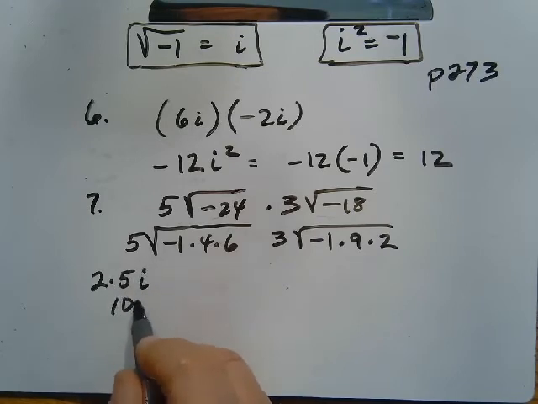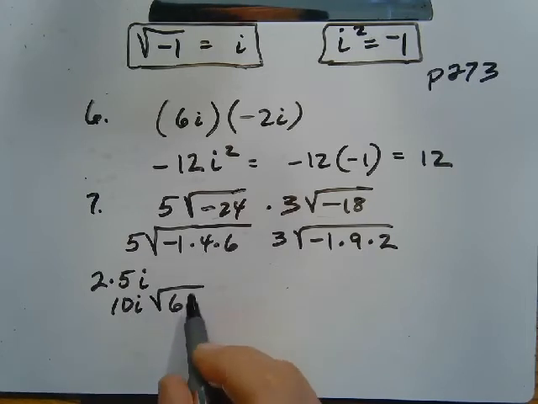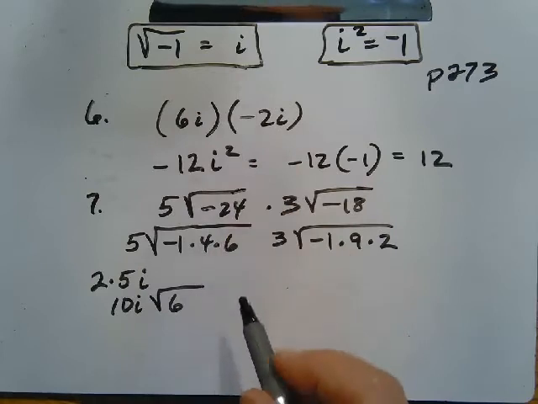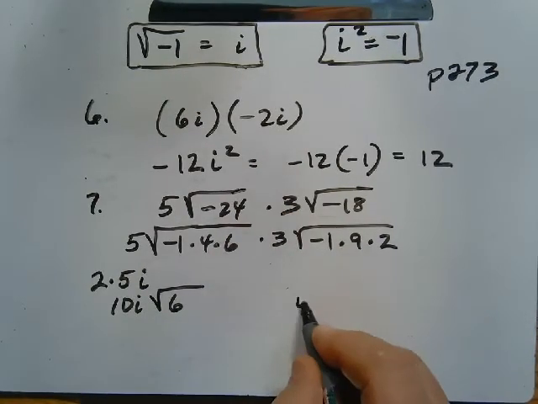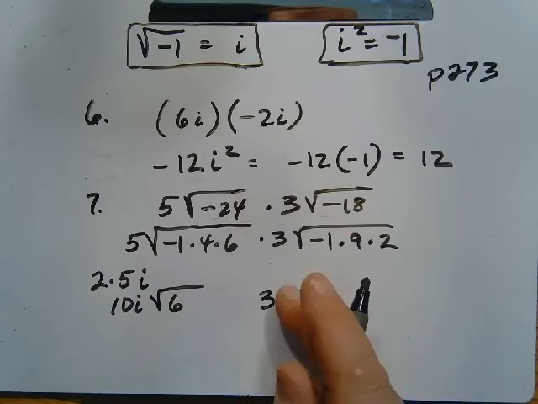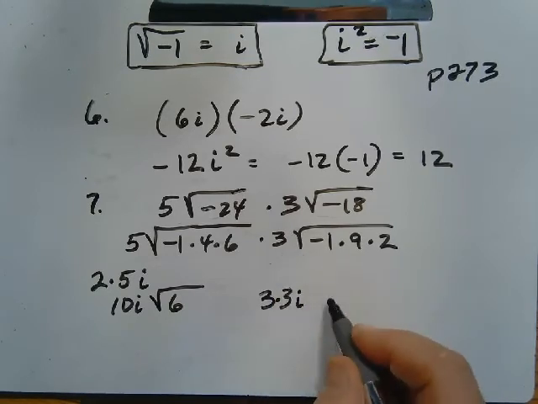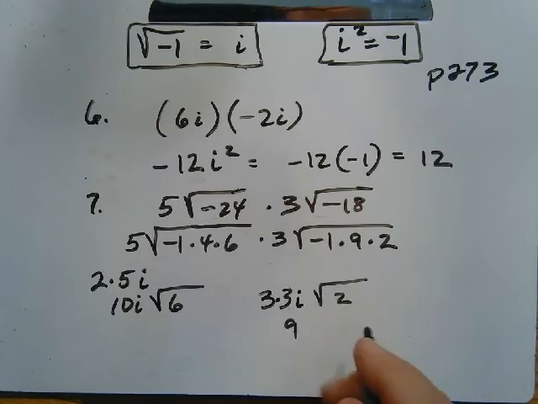So this is actually 10i root 6. Square root of negative 1, again, is i. And over here, the square root of negative 1 is i. The square root of 9 is 3, times the 3 that was already there. Square root of 2. 3 times 3, this is 9i root 2.